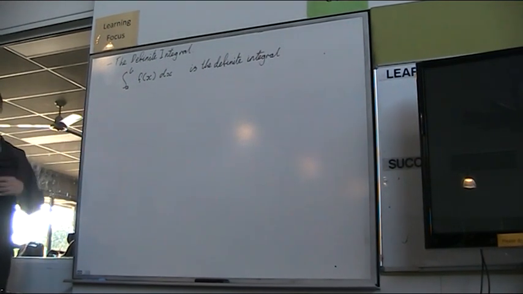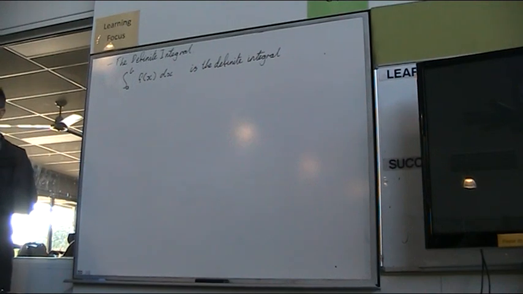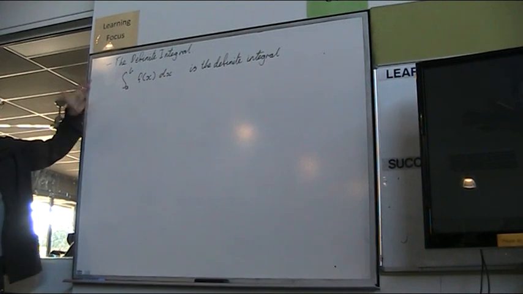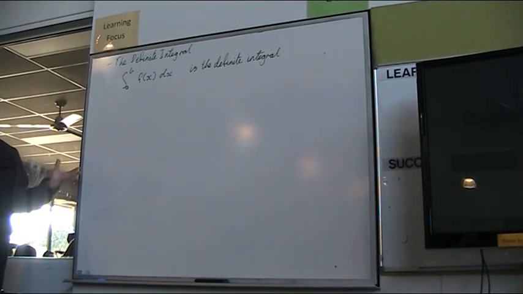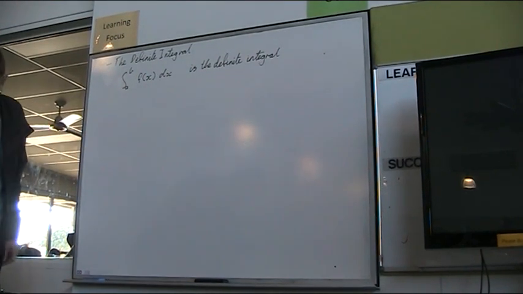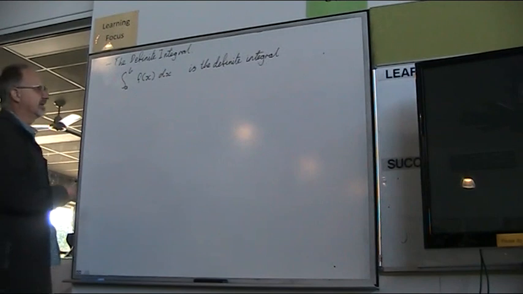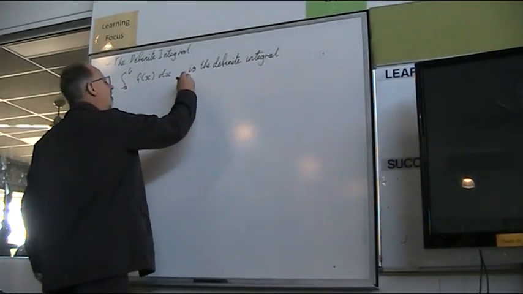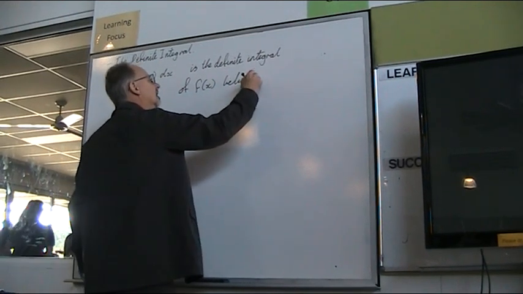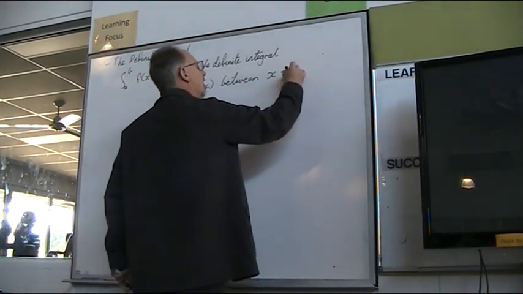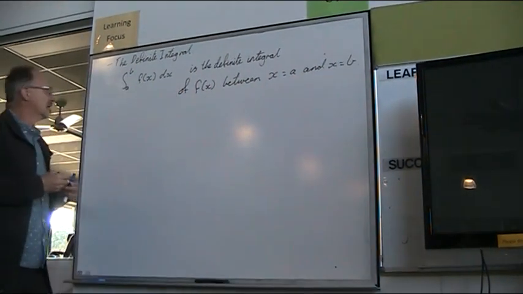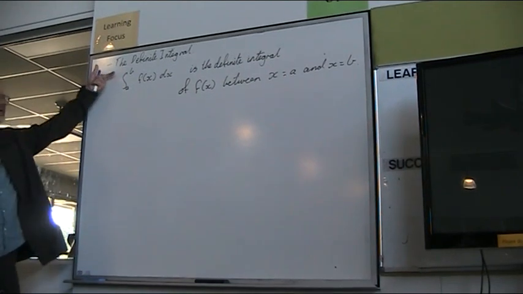It's called a definite integral because we get a particular value. So previously, depending on the value of x, you could get different things. But here you get a particular value. So it's the definite integral of f(x) between x equals a and x equals b. And the smaller number is on the bottom and the bigger number on the top.